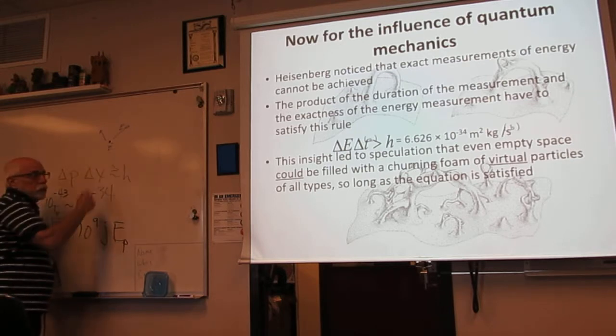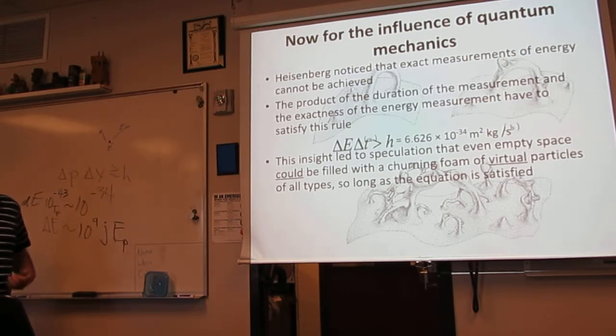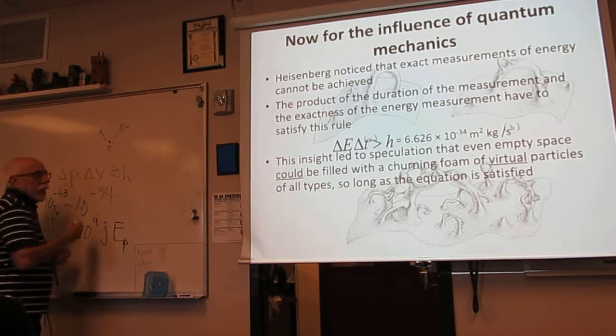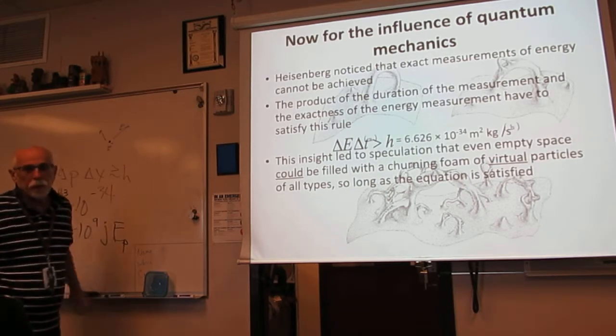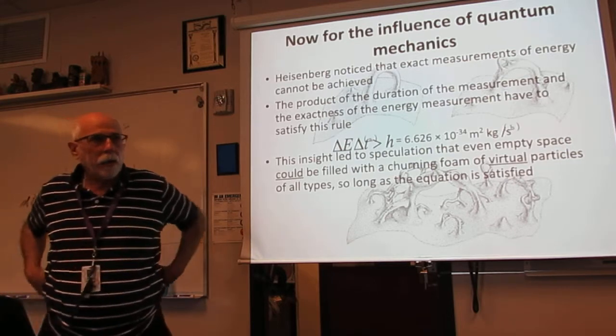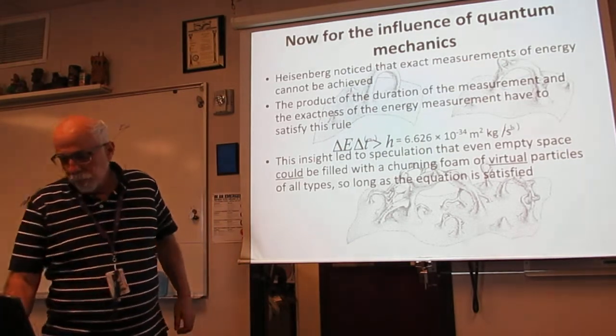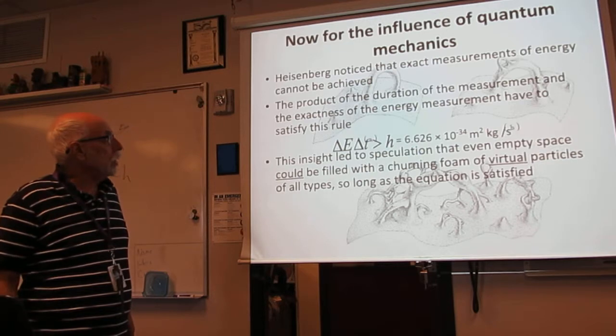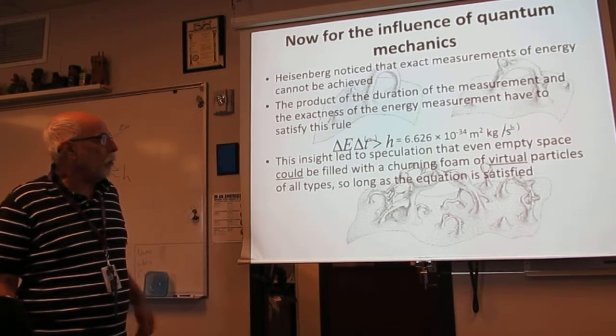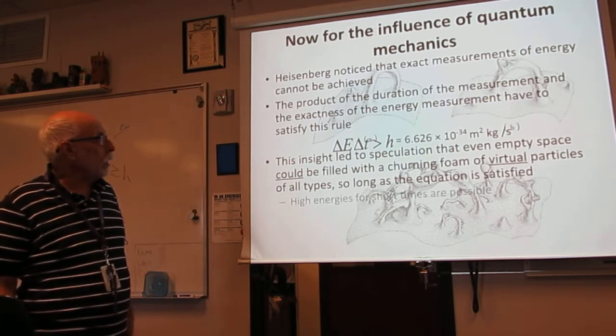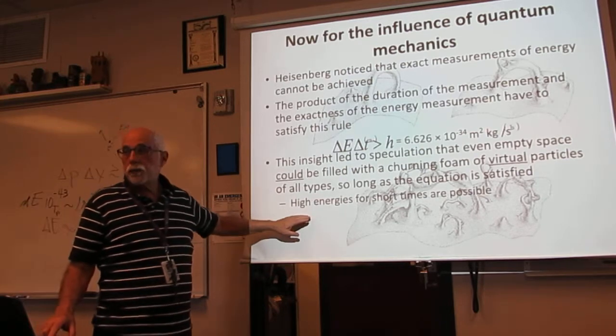But that means the electron is in an electric field that it makes, and trying to take into account how it interacts with itself created all kinds of mathematical problems and how to get rid of infinities that filled the mathematics. So this is all fundamental stuff. High energies for short times.